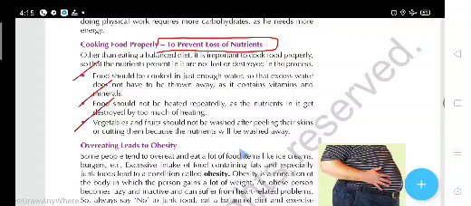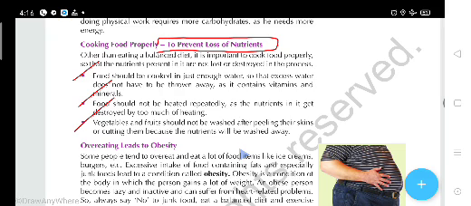Other than eating a balanced diet, it is important to cook food properly so that the nutrients present in the diet are not lost or destroyed in the process. What kind of things do we have to keep in mind so that we can prevent the loss of major nutrients while we cook the food?